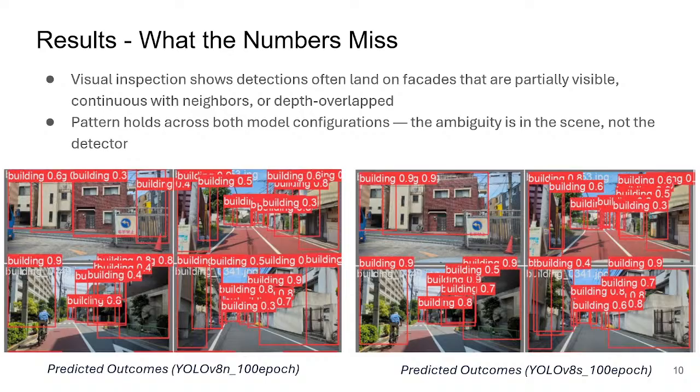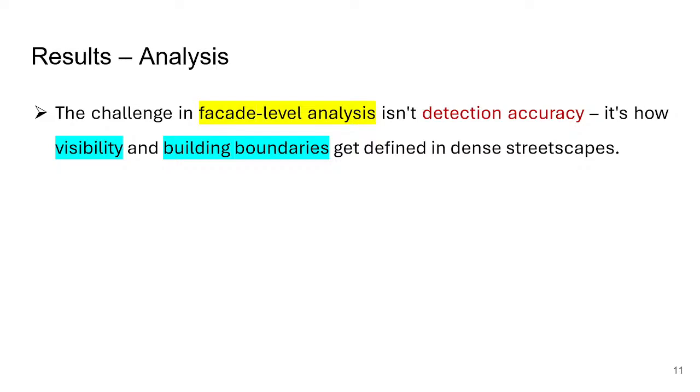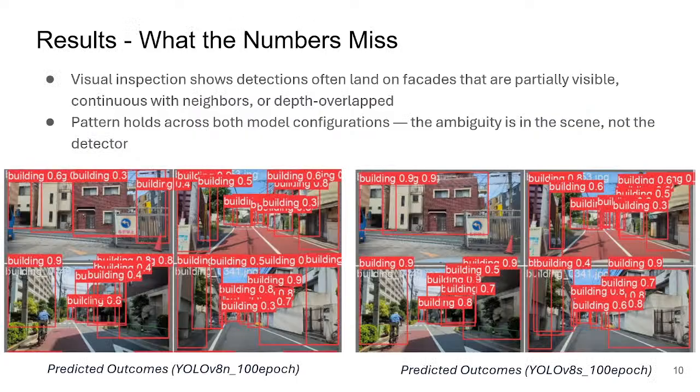So it is difficult to identify if it is detecting each facade clearly as a separate instance, or is it intermixing? The same pattern was observed in both algorithms, YOLO V8 version S and version N. So that means we inferred the ambiguity is in the scene, not the detector.